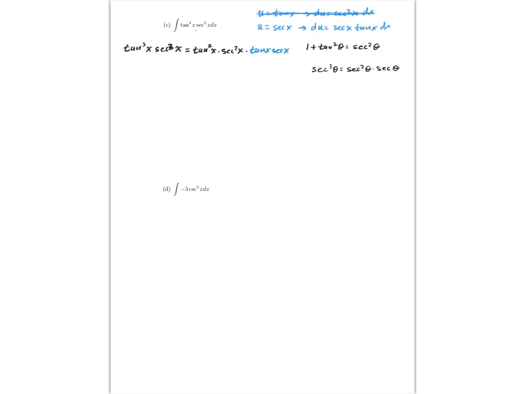Okay. So therefore, from here, this will be equal to just tangent squared x secant squared x times tangent x secant x dx. So if we use this substitution, this will be equal to u squared for this part, and then this will be the du for all of this.